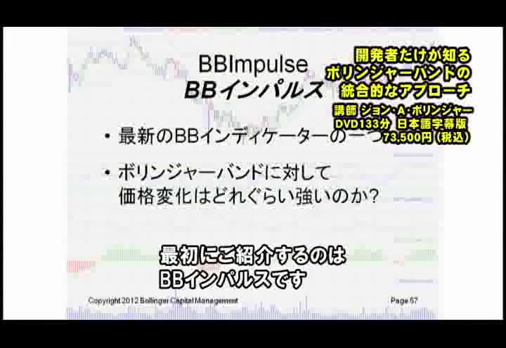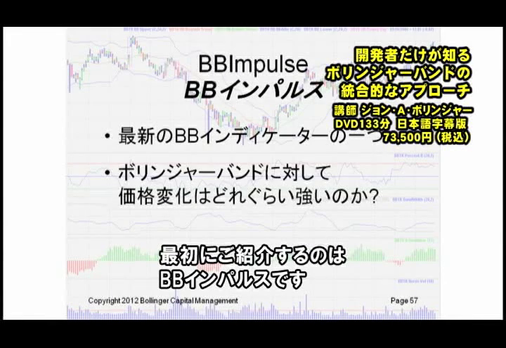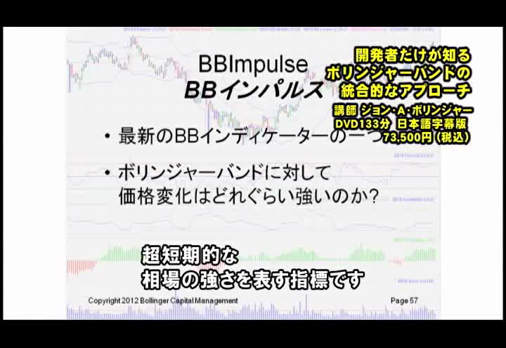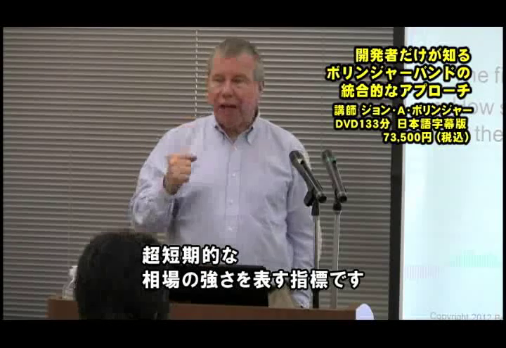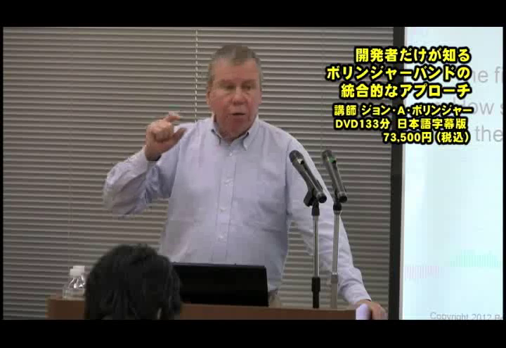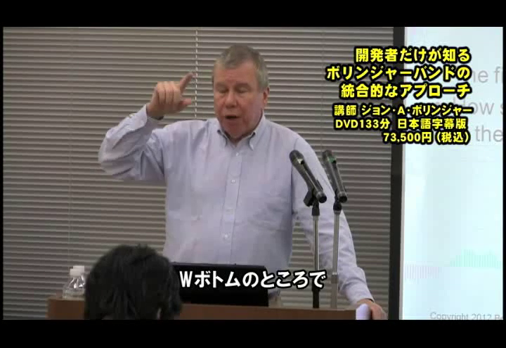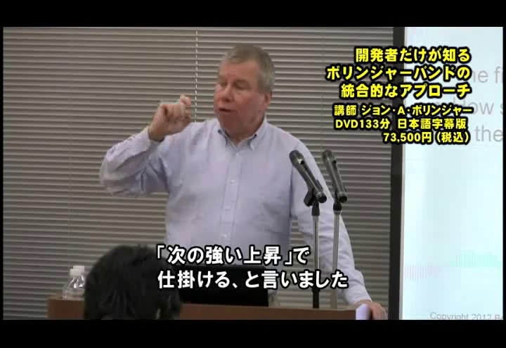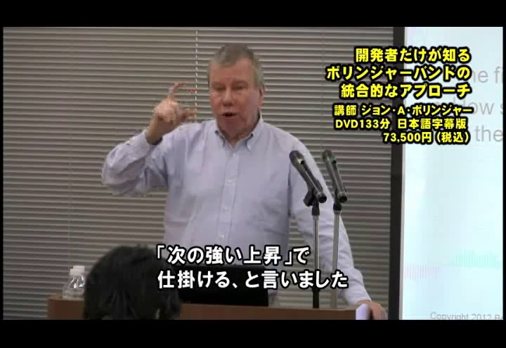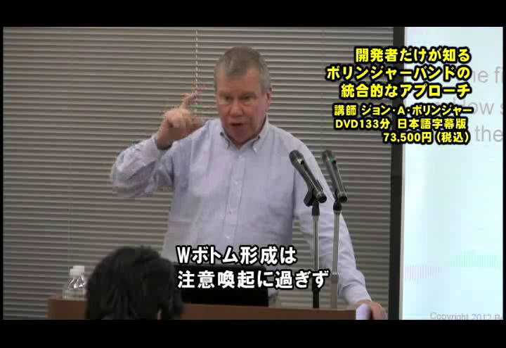The first of these new indicators was BB impulse, and it measures the very, very short-term strength in the market. Recall before when we talked about the W bottom and the non-confirmation, it was said to wait for a strong day to act on the signal.